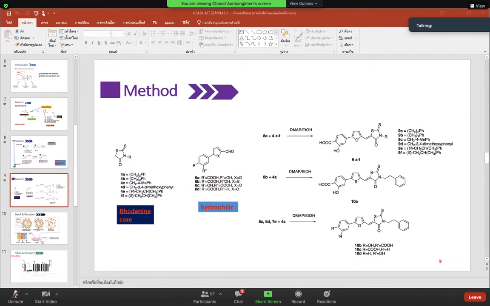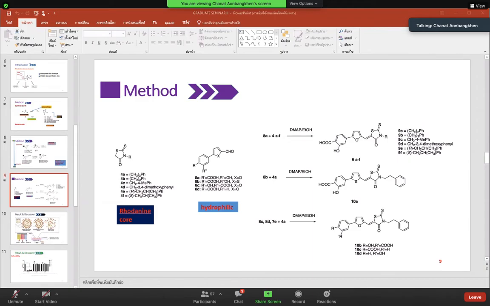We modified the lipophilic tail to get the 6 compounds here. Did you increase the chain, or add some group? I'm not sure, I'm not the synthesis person.